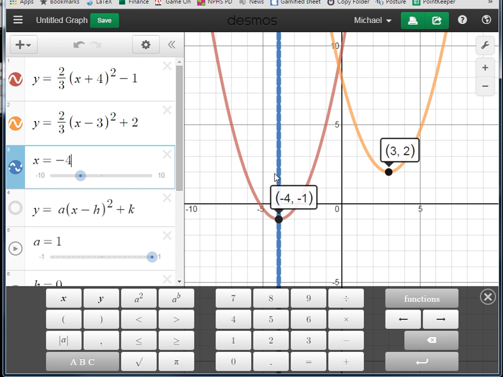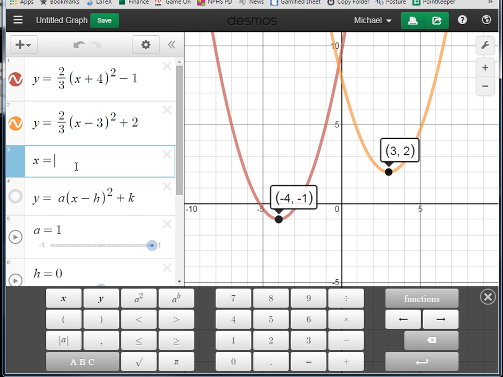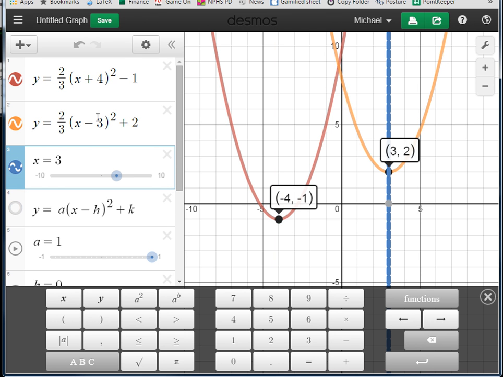See this dashed line that I get there? That's the axis of symmetry for this parabola, and it just happens to be exactly where h is, at -4. H is -4 here. And if I change that to +3, here h is +3, then I get the axis of symmetry for that parabola.